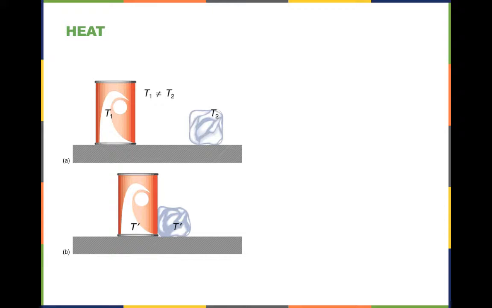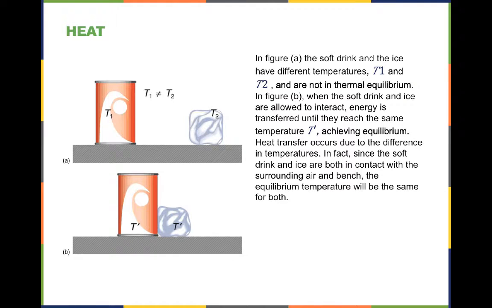Now this diagram shows a situation where you have two objects with two different temperatures. You have a Coca-Cola can on the left and a block of ice on the right. They are not the same temperature, and they are not in thermal equilibrium. If they're brought into contact, eventually they will exchange energy in such a way that they both reach the same temperature.